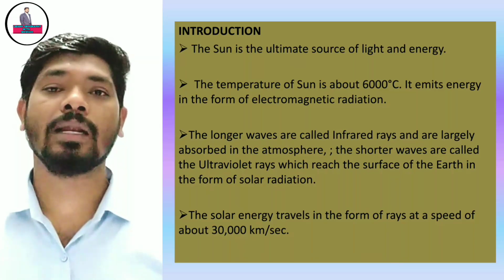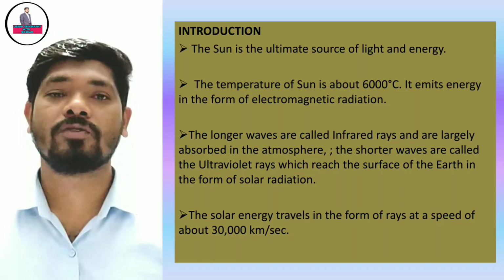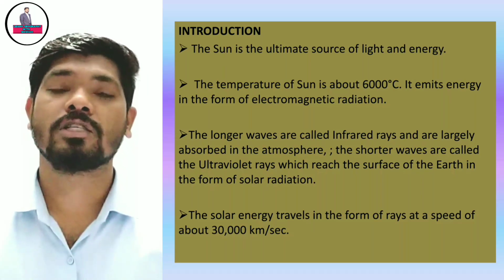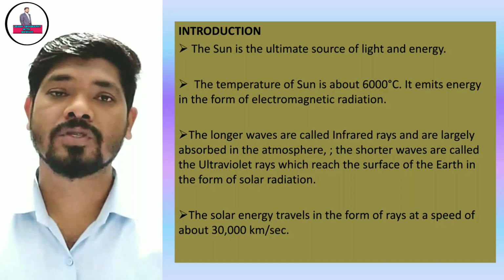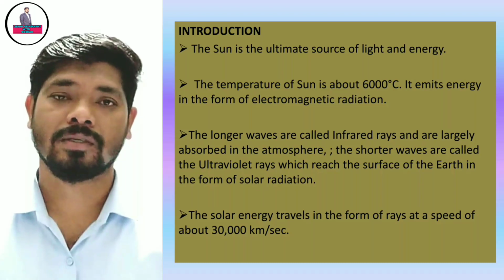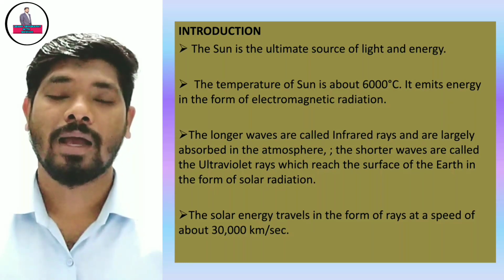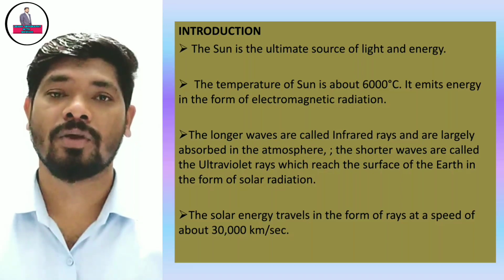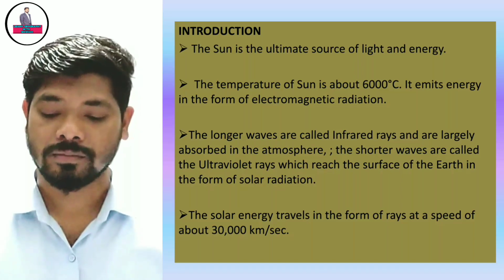The atmosphere is mainly heated by long waves. You must understand the difference: the short waves come directly from the sun to the surface of the earth, and from the surface of the earth, what is emitted and indirectly heats the atmosphere is known as infrared rays, that is, long waves.